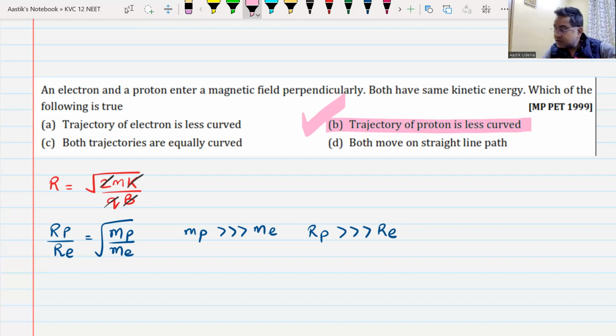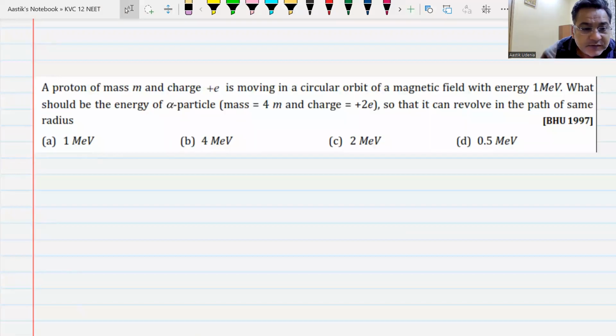This is the next question coming on your screens now. A proton of mass m and charge plus e is moving in a circular orbit in a magnetic field with energy. The kinetic energy, or energy, is given as 1 MeV, mega electron volt.